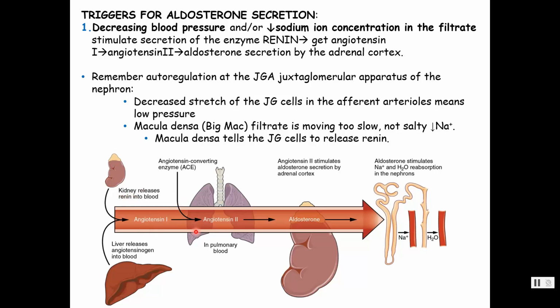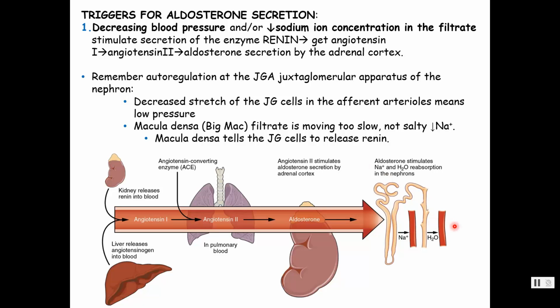When it goes through the lungs, we have angiotensin converting enzyme. And then we get angiotensin 2, which is a powerful vasoconstrictor. We also get the release of aldosterone from the adrenal cortex. Aldosterone is going to stimulate sodium, and because water follows, reabsorption in the distal convoluted tubules and collecting ducts.